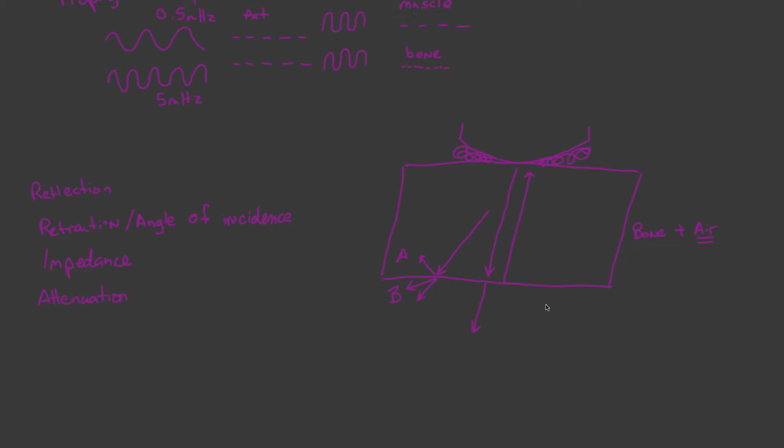Finally, attenuation. As that sound wave travels through the body, some of it is going to be attenuated by the body. And this really is a factor of the frequency.